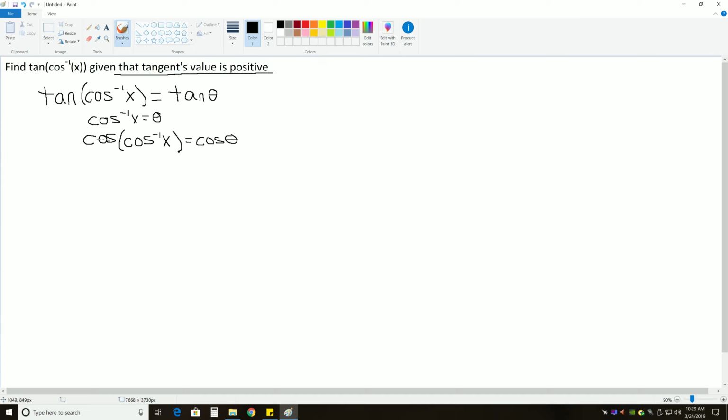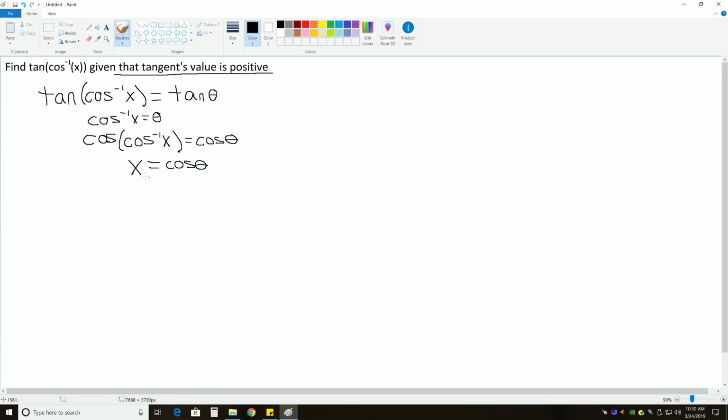Remember, when we're doing this, we're not multiplying each side by cosine. We're plugging each side of the equation, the cosine inverse of x and the theta, into cosine. It's just like if you were taking the square root of each side of the equation. And from here, cosine of cosine inverse will cancel out, leaving us with just x is equal to cosine of theta.